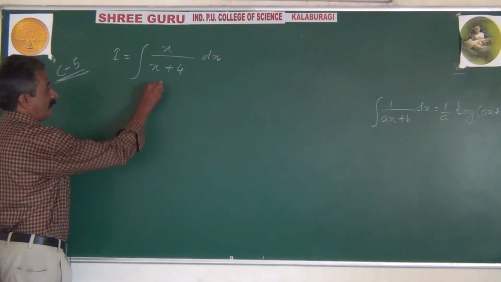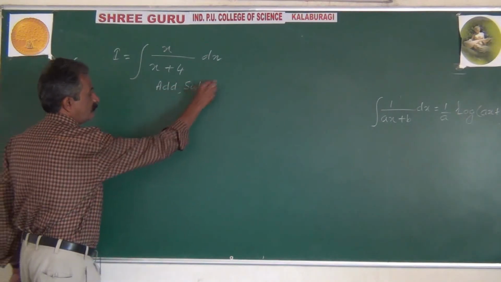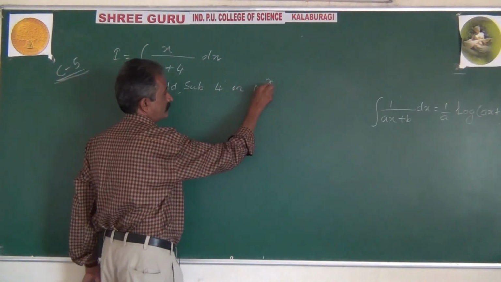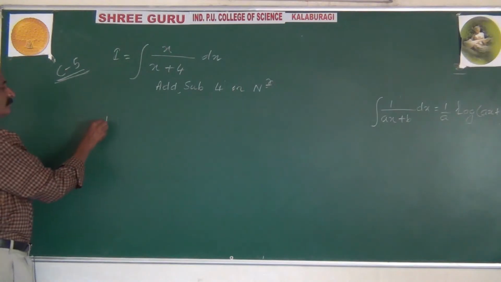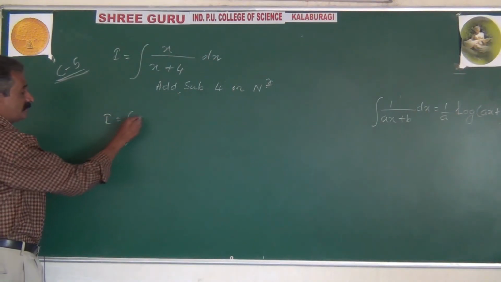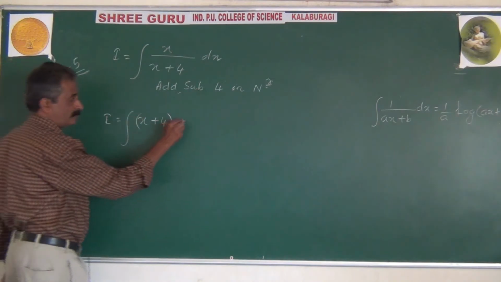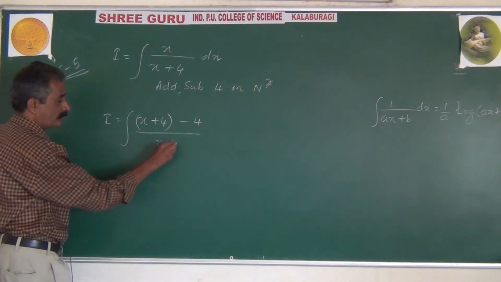For that we add and subtract 4 in the numerator. So I becomes the integration of x plus 4 minus 4 divided by x plus 4 dx.